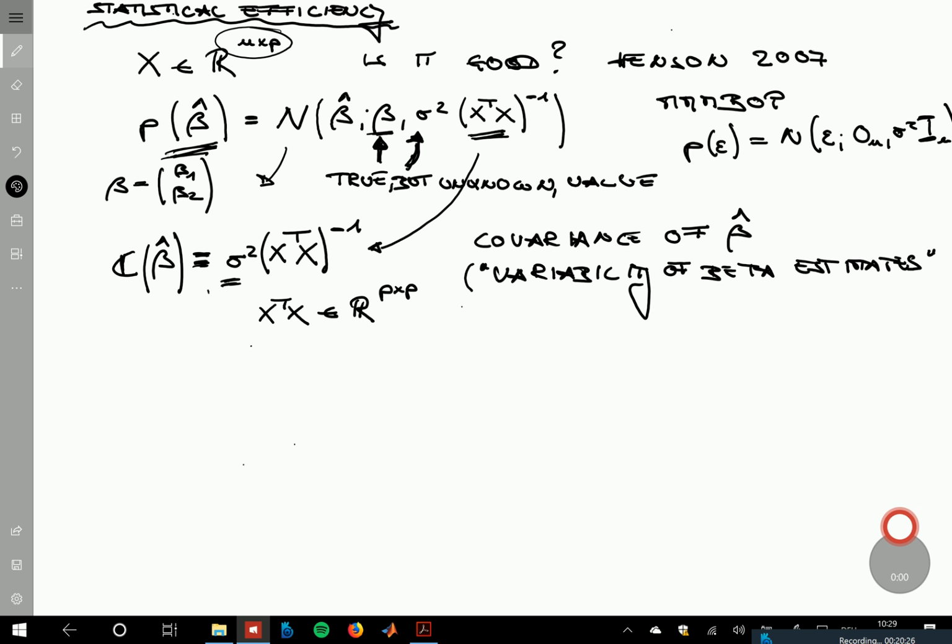So to now define some measure of efficiency, you can either deal with the fact that you have a p by p matrix and somehow this encodes your efficiency, or you reduce that further by somehow summarizing this matrix.